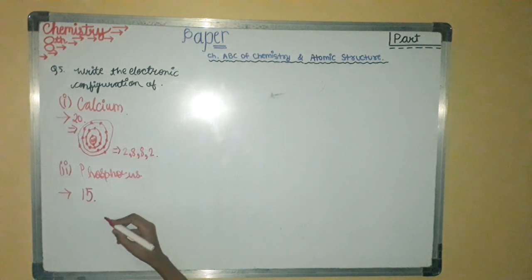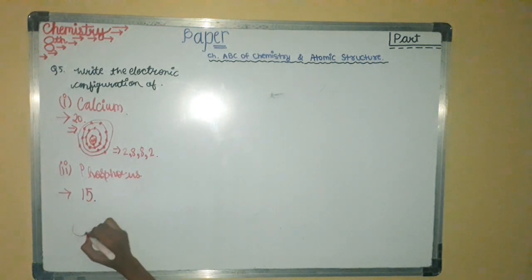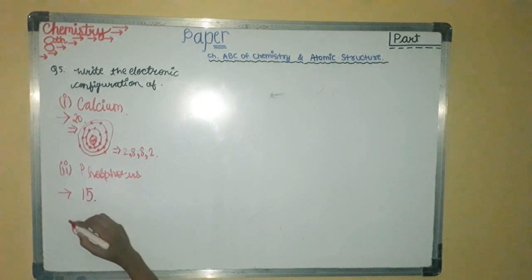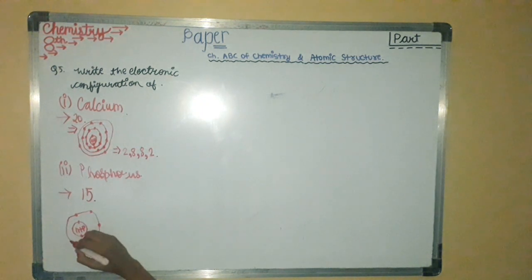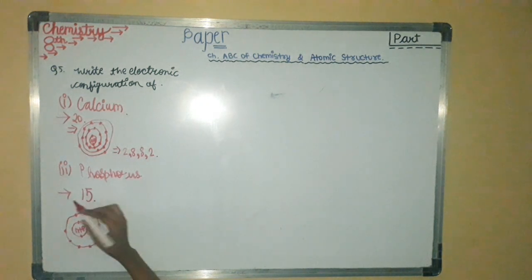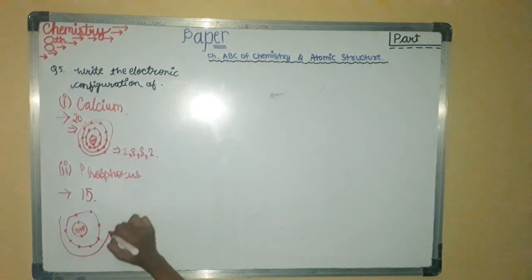Now phosphorus. This is neutron plus proton. These two atoms, remaining 13. In this 10. 1, 2, 3, 4, 5, 6, 7, 8. Now 10. 3 more.